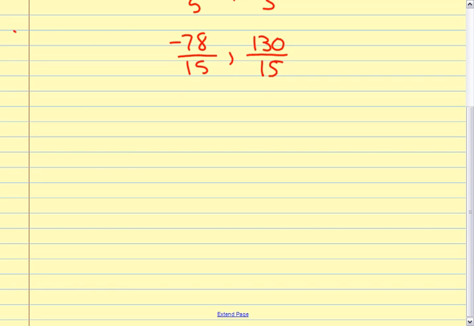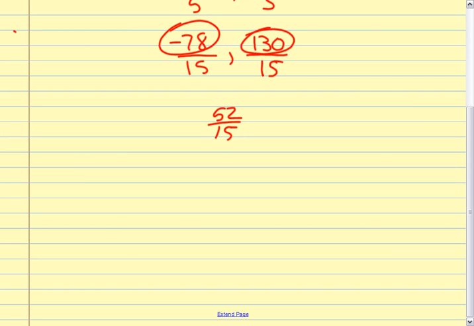I've got 78 negatives and 130 positives, so I'm going to have a positive number left over. 52 over 15, right? I don't know if that reduces at all. I don't think that it does, because only 3 and 5 go into 15, and neither 3 nor 5 go into 52.